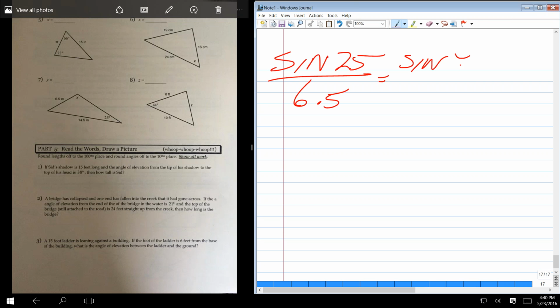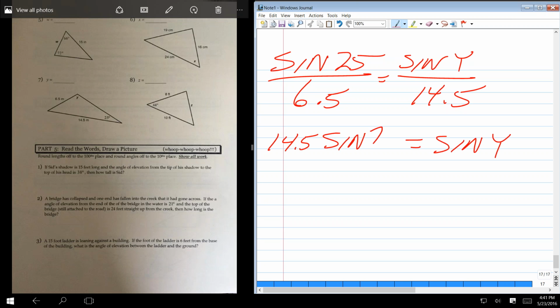Good. Now let's solve this one. You got your calculator? This is slightly more difficult to solve for. So that's the first thing. Notice I did not cross multiply. I'm trying to solve for the sine of y, so if I multiplied by 6.5, I'd have to divide by 6.5 in the very next step.